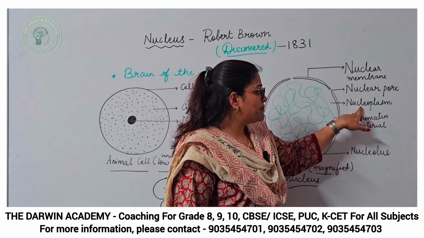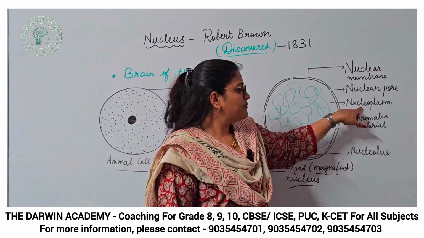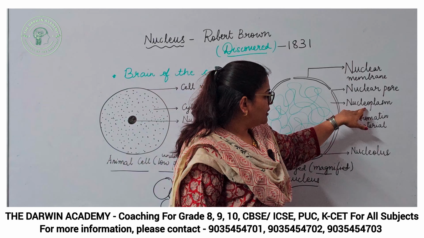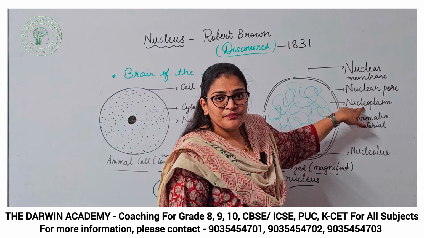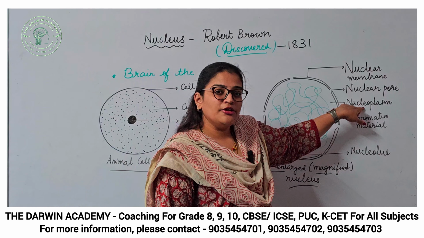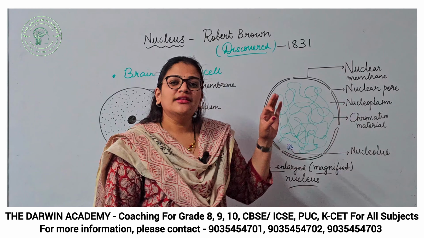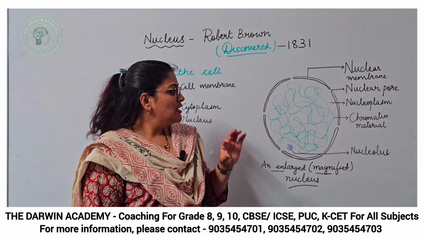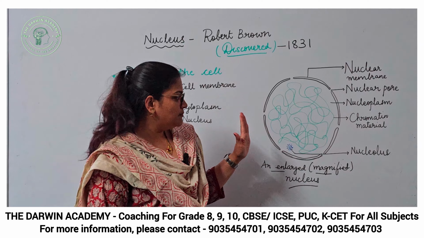Moving on to the next part, the nucleoplasm. Just like the cytoplasm, there is fluid within the nucleus which is called the nucleoplasm. This is also a fluid. It also has a couple of enzymes just like the cytoplasm.